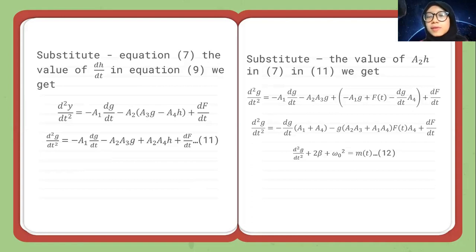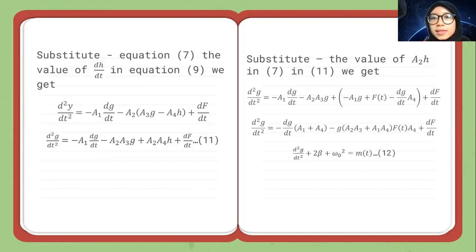Then substitute the value of A2 H from equation 7 in equation 11. We get the second derivative of G with respect to T equals minus dG/dt times (A1 plus A4) minus G times (A2 A3 plus A1 A4) plus F(t) A4 plus dF/dt.